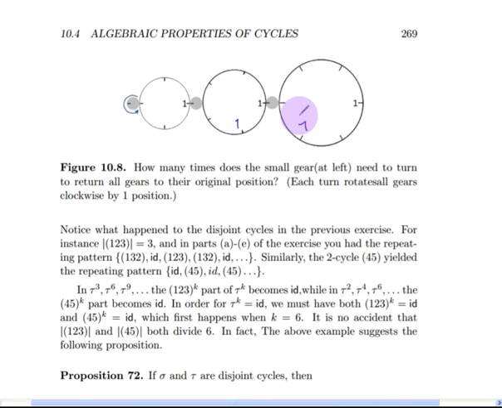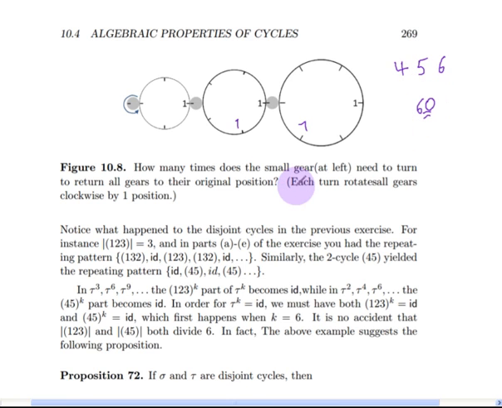Okay, so in fact, I need a number that's divisible by 4, 5, and 6. And you can see that, let's see, does 60 work? I think 60 works. All right. Is there a smaller number that works? Well, you can figure that out.